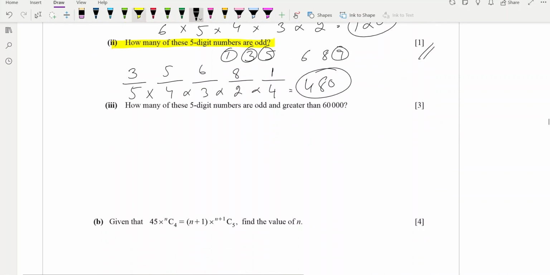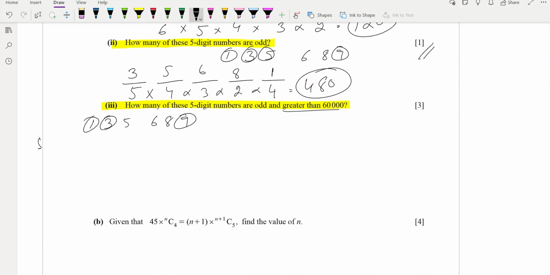Then they're saying how many of these 5-digit numbers are odd and greater than 60,000. So it should be odd and greater than 60,000. So odd numbers we can again write 1, 3, 5, 6, 8, 9. These are the numbers, so these three are odd, and greater than 60,000 means it can start with 6 or 8 or 9.